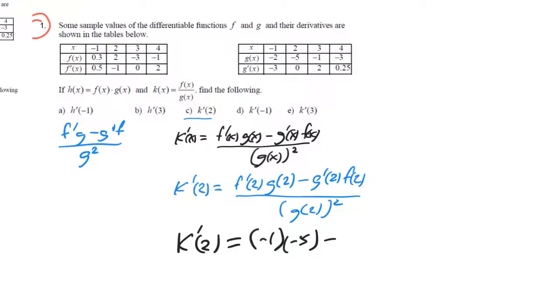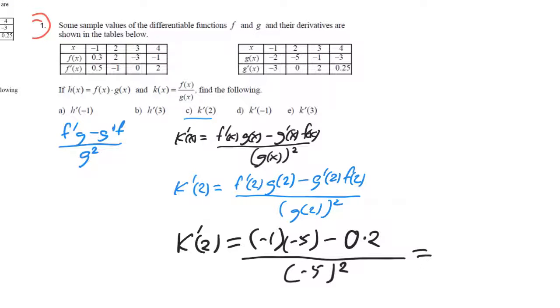Minus g prime of 2, g prime of 2 is 0, times f of 2. F of 2 is 2, over g of 2 quantity squared, so g of 2 is negative 5. So negative 5 squared.